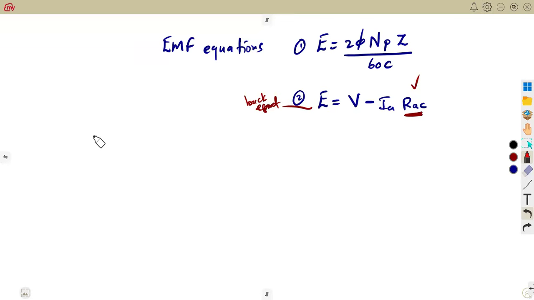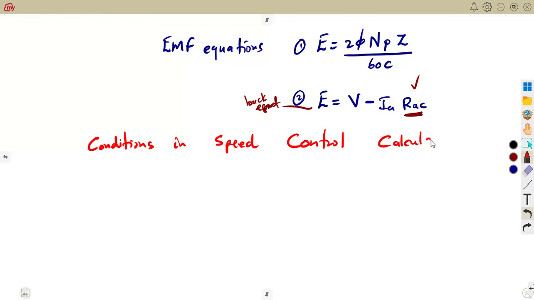One, there are conditions to be considered there. There are conditions, as we had in our N5, the conditions in speed control calculations. We are going to make the calculations in terms of the speed control. The conditions that are there, we had them in our N5, as I said.